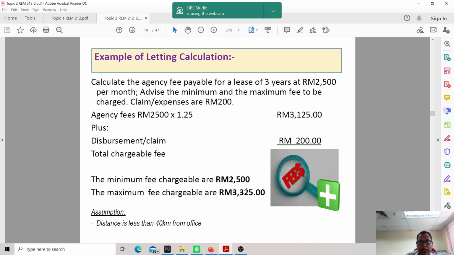Then you can get this kind of amount. But actually it depends on the negotiation between the principal and yourself. Usually, if you want to give the minimum, it's up to you. The maximum is up to you. Whether the principal is willing to appoint you or not, that's the main question.